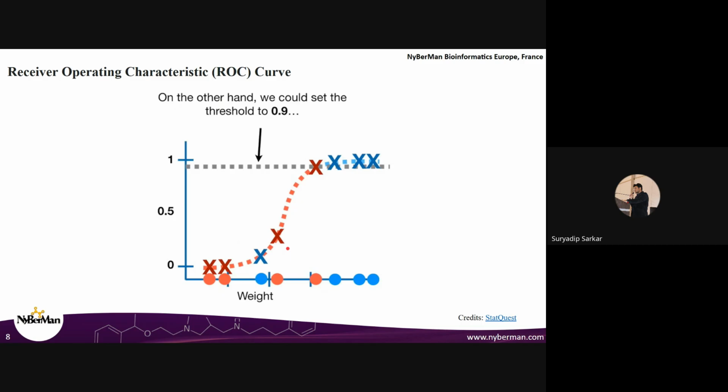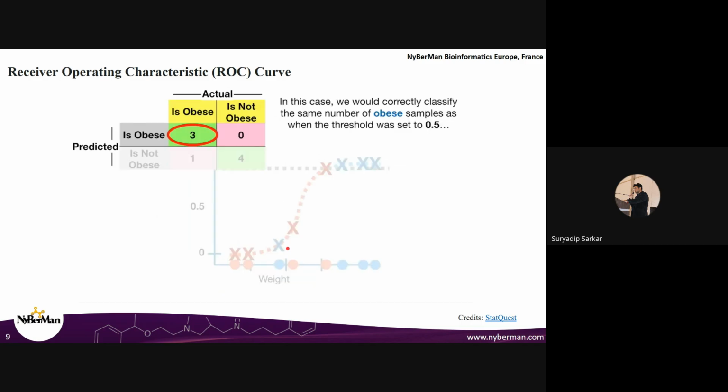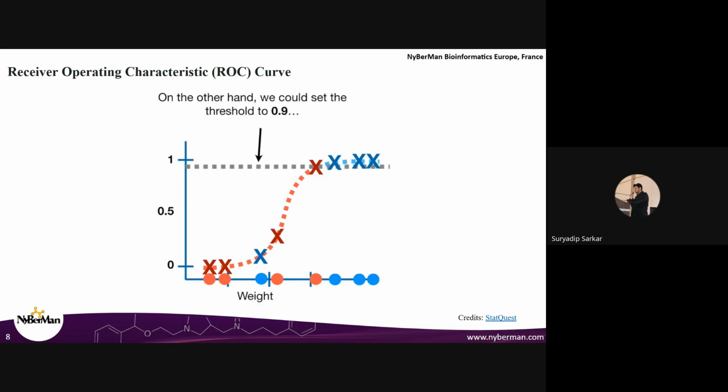So suppose these come into the picture. This is with respect to obesity, so let me give you an example with respect to cancer diagnosis. In a cancer diagnosis, it is extremely important for me to reduce the number of false positives.